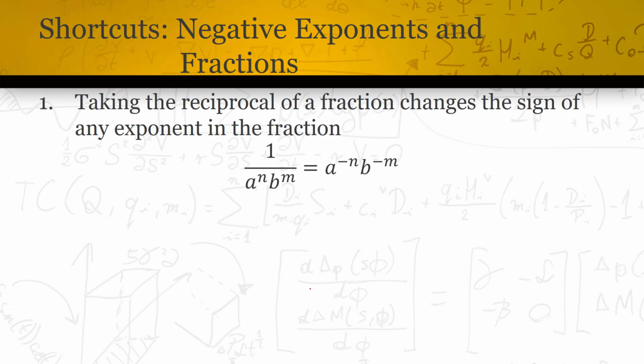Okay, the other thing we want to talk about, we've talked about it before, is just to notice that taking the reciprocal of a fraction changes the sign in any exponent of that fraction.